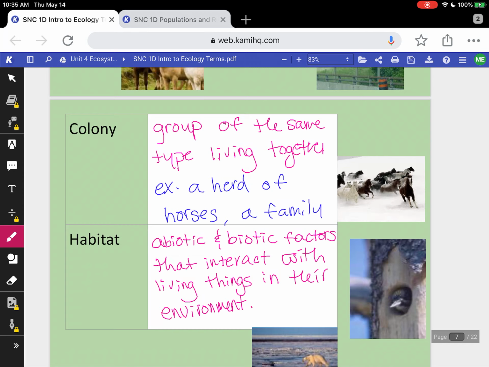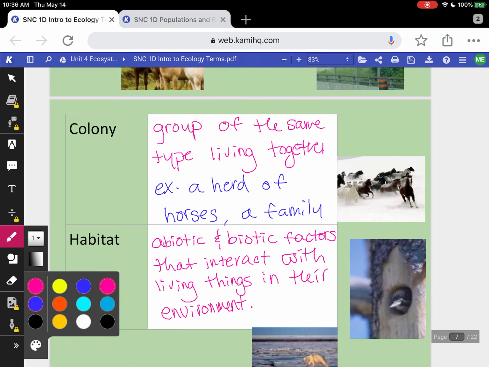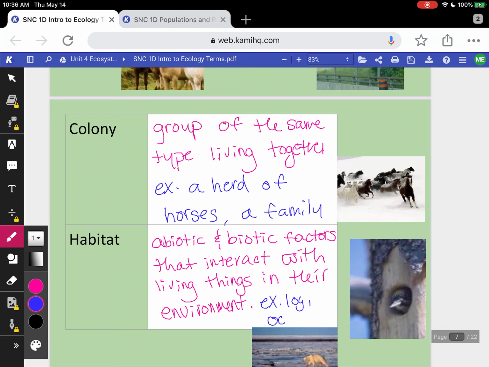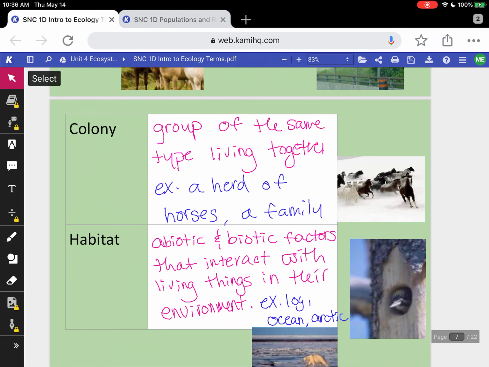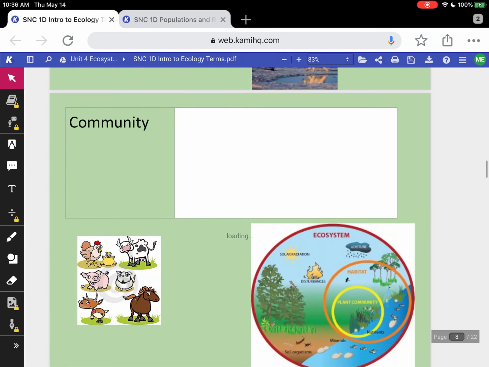Okay, so for example, a habitat could be a log, or a habitat could be an ocean, or the habitat could be the Arctic. Okay, and it's really a place where species live, and all the biotic and abiotic factors that interact with that species where they live.